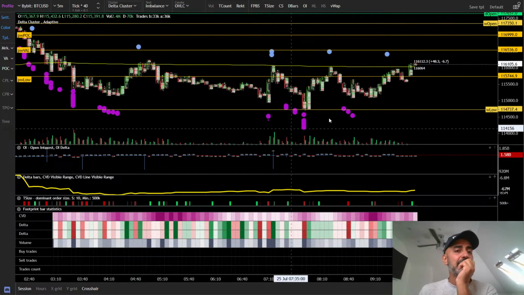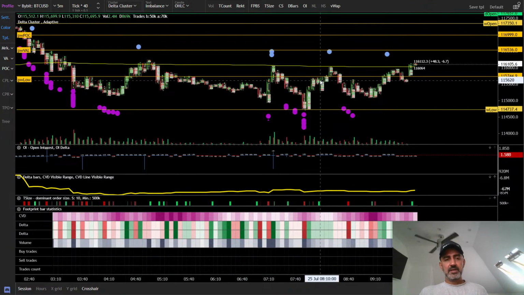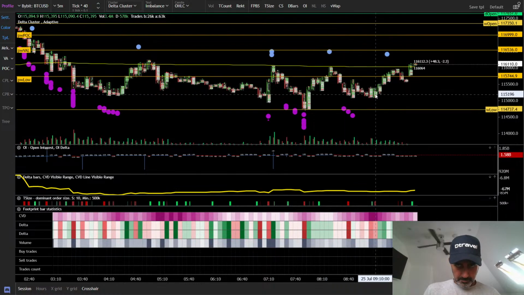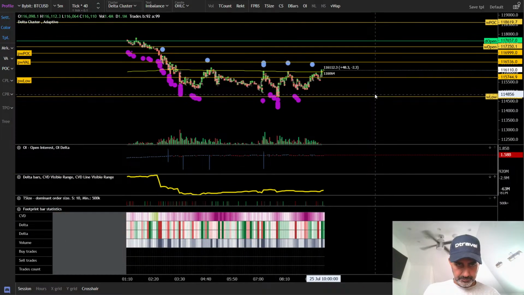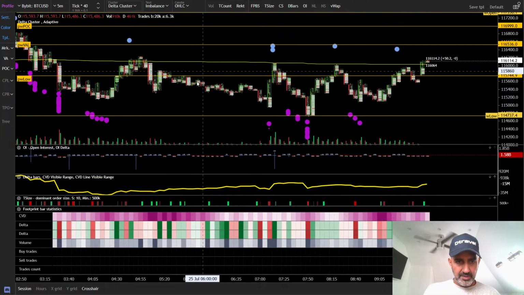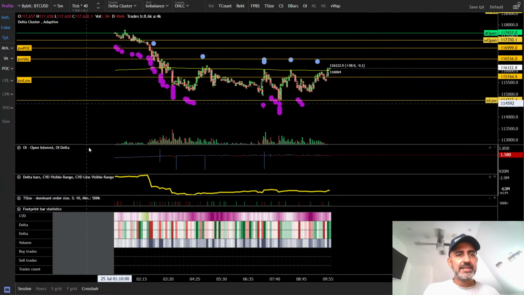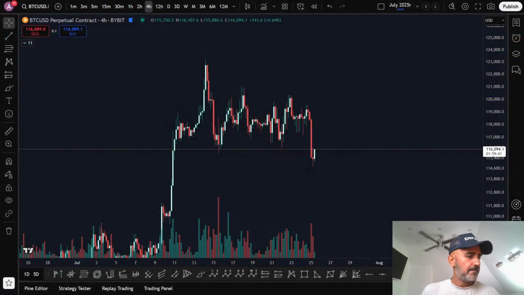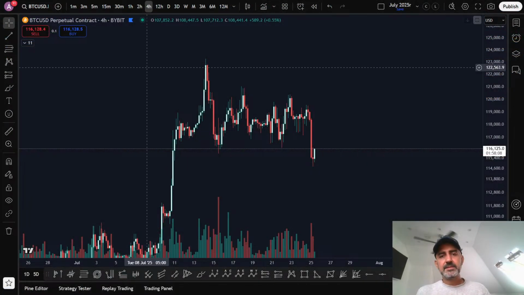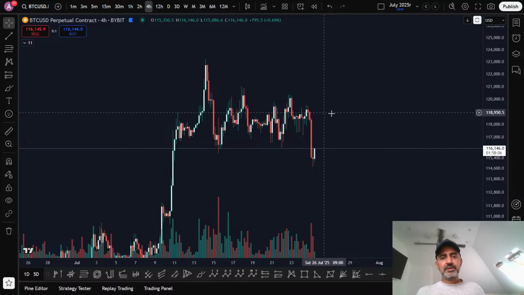I mean, there's a slight bearish CVD here, so it's obvious that there is shorting going on. It's very hard to tell because I don't have the full data here. So let's just ignore it for a second. Let's have a look at the charts.